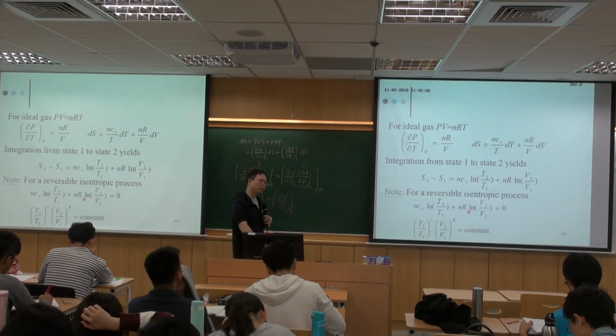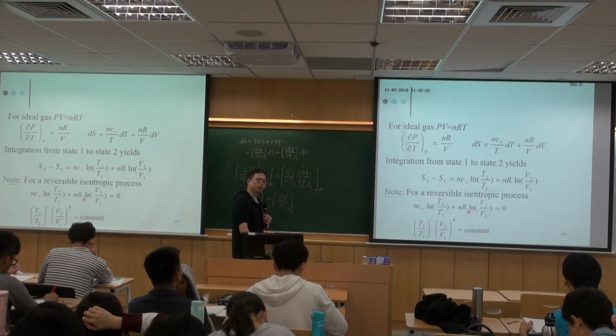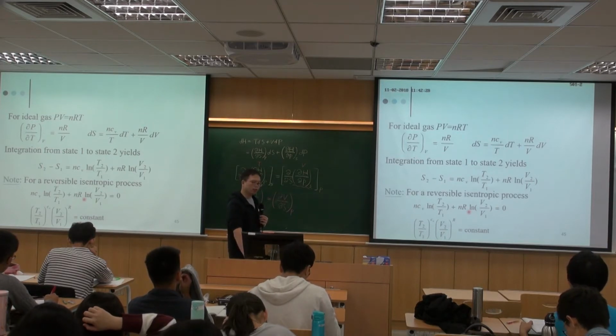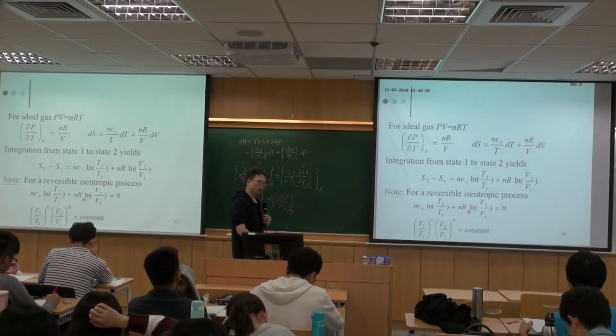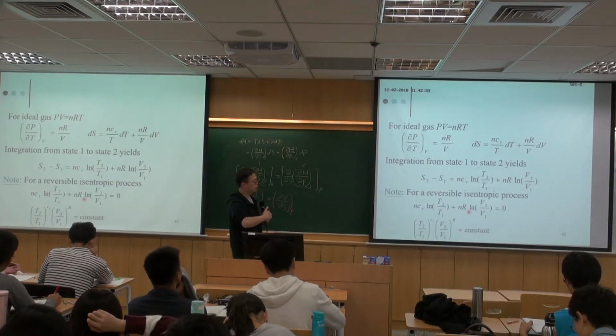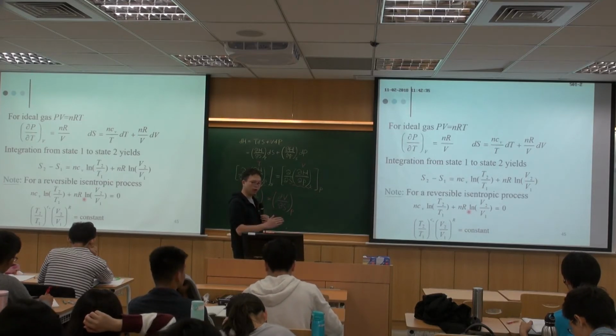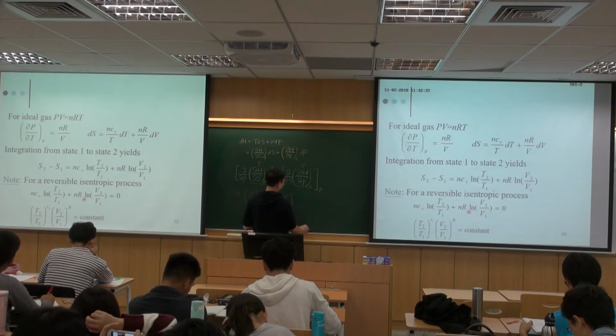Remember, for the adiabatic process, we know that dq is 0, therefore TdS should also be 0 as well. So in that case, the ideal gas, before and after the process for state 1 and state 2, should follow this rule, right?